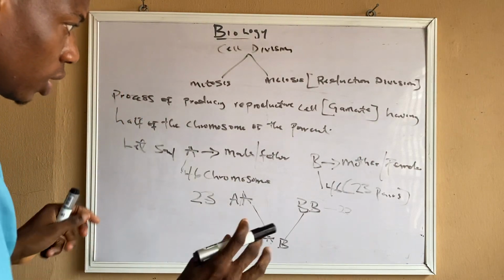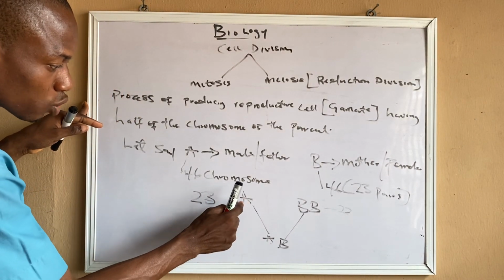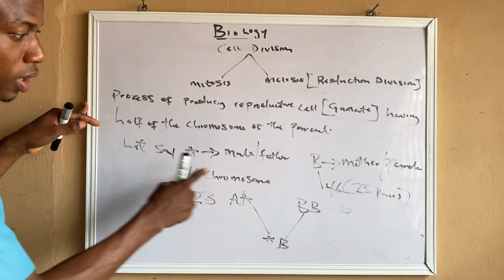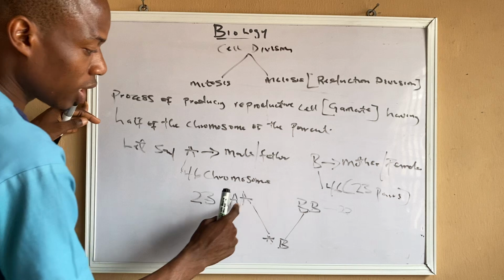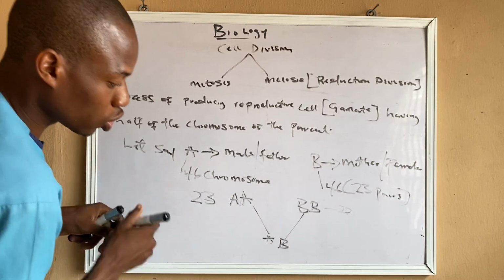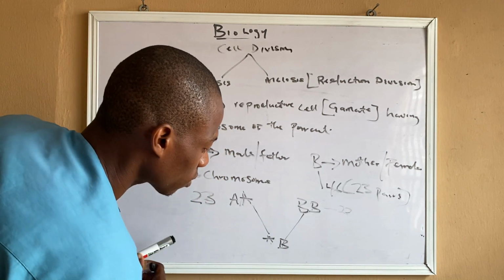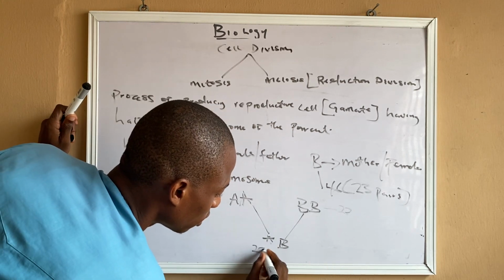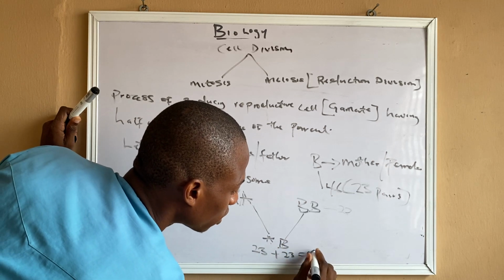Now, it's just the calculation. The 23 that has come out, because 23 plus 23 making 46 chromosomes, 23B plus 23B making 46 chromosomes of the mother. Now 23A, one of the 23 comes out, 23 here, 23 here, 23 plus another 23, making 46 chromosomes.